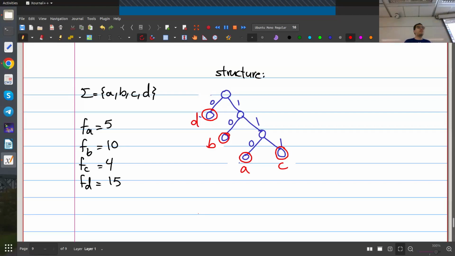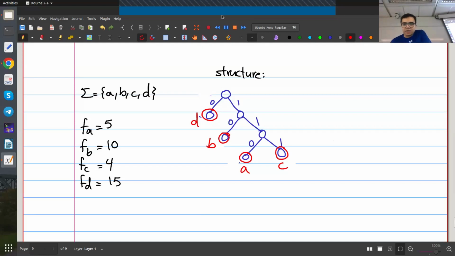And again, the proof is very similar to proofs of optimality that we've seen before. You can just swap, right? So suppose someone gives me a code where they've put C here, up here, where I put D, and they put D where I put C. I can just swap those two, and my total cost goes down. Okay. So I can do this kind of proof to show that this is optimal. But this is only if someone gives me the structure.